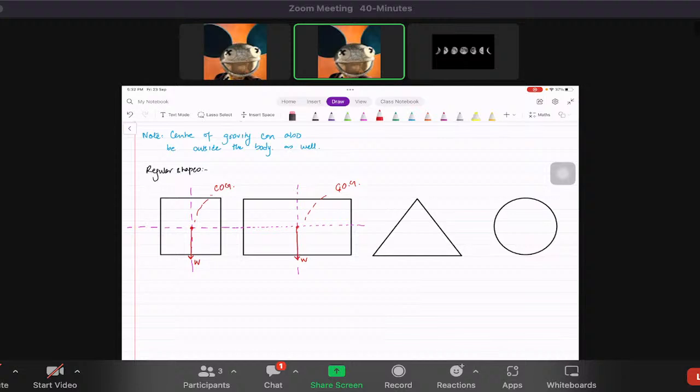Now, for a triangle, you can basically make lines through the vertices. If you make lines through the vertices, they will meet somewhere, and that would be the center of gravity, where the weight will act. For a circle, you can just go through the diameters, where they meet exactly at the center. That would be the center of gravity. Is it clear?